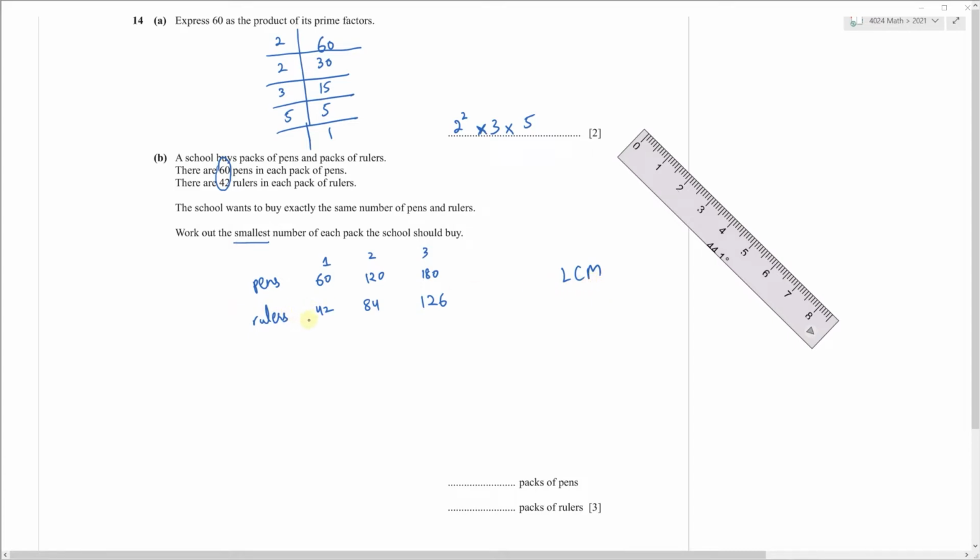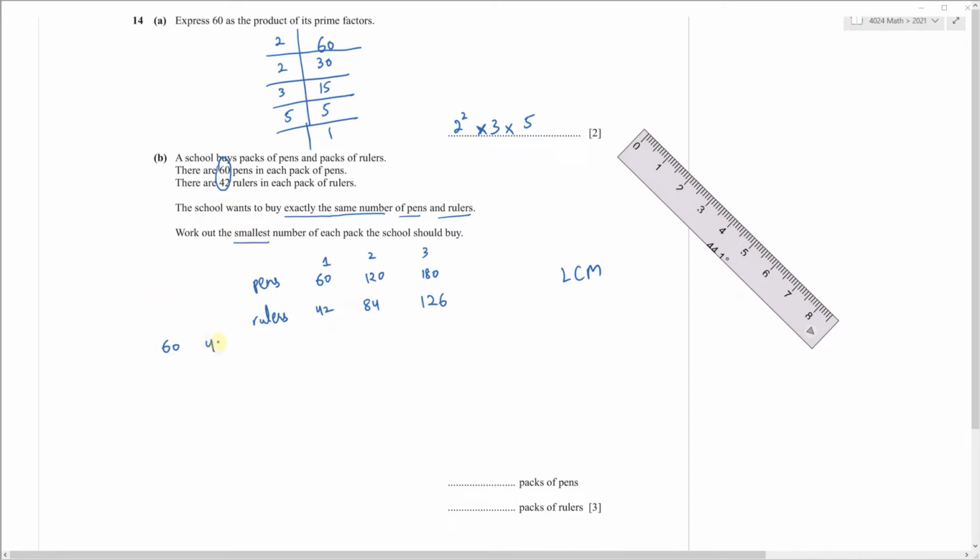That number is a multiple of 42 as well as a multiple of 60, and that common multiple will be the exactly same number of pens and rulers that you will get. So let's calculate the LCM of 60 and 42.